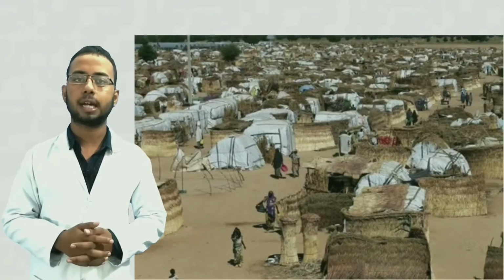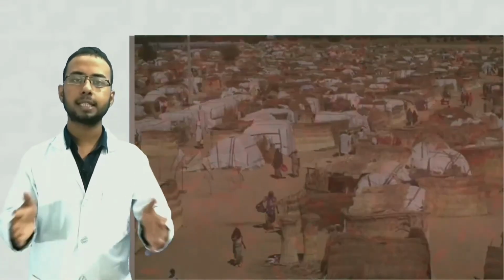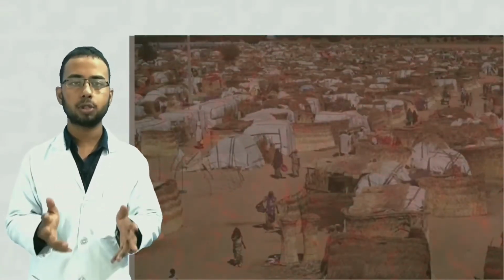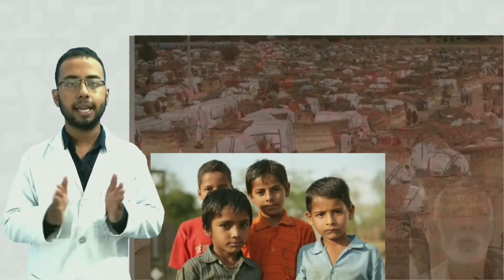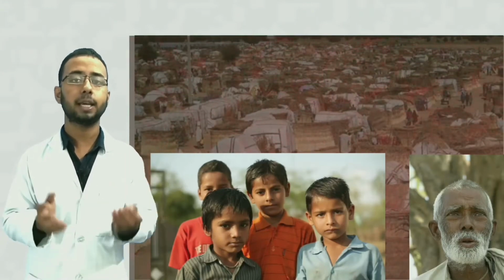So this story starts from a village where pneumonia is spread in the whole village. Most of the people are affected with pneumonia. Mostly the age group of 65 or above is affected, and children younger than 5 years of age are affected because of their weak immune system.